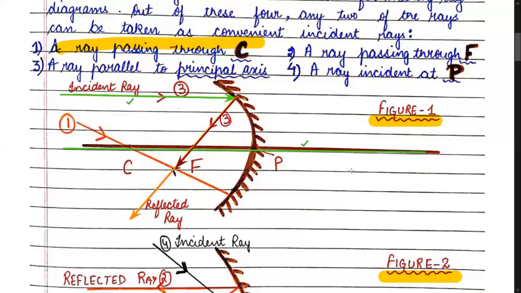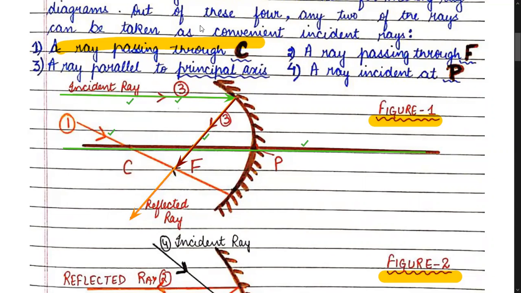So till now what we have discussed? A ray going parallel to the principal axis will get reflected and will pass through the focus point. And if a ray is going through center of curvature, after getting reflected it also moves back in the same direction.